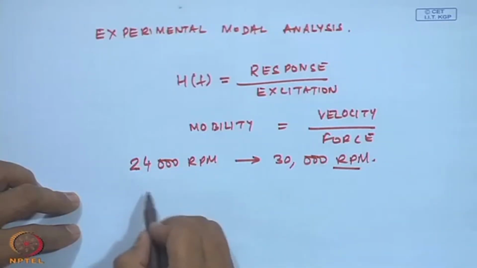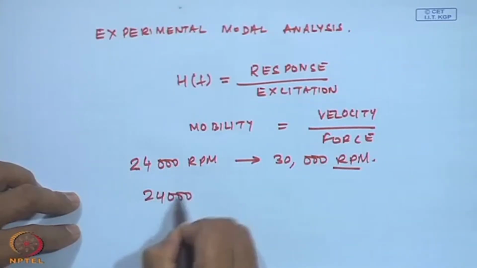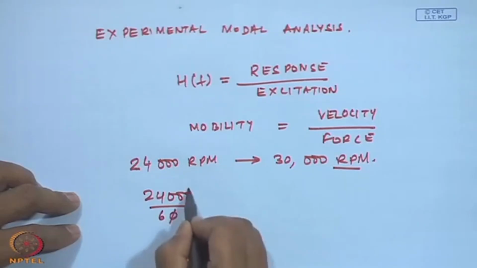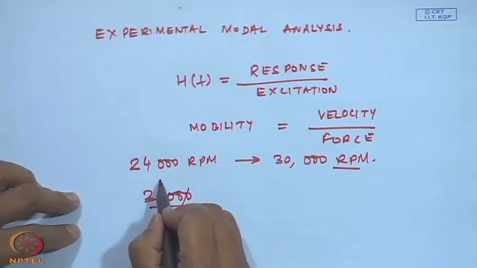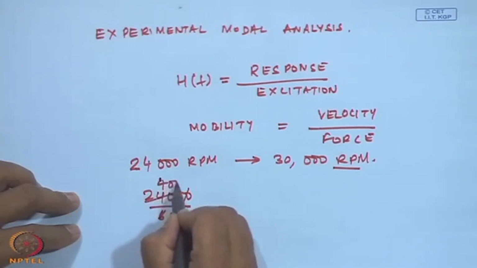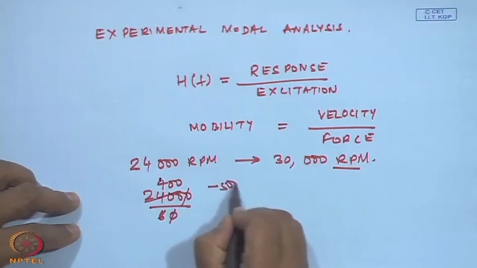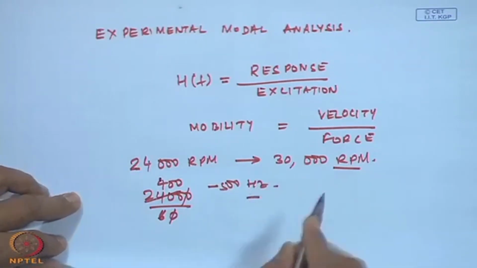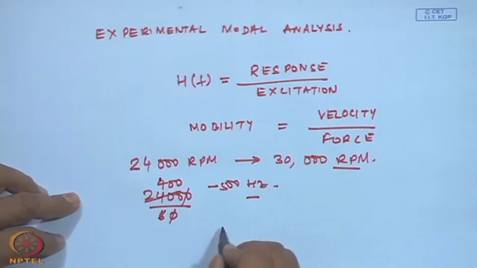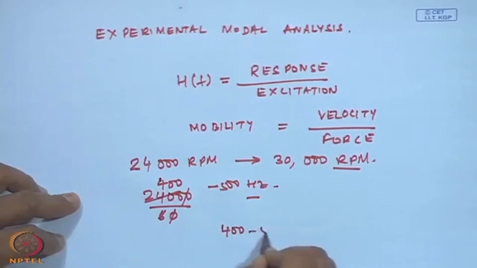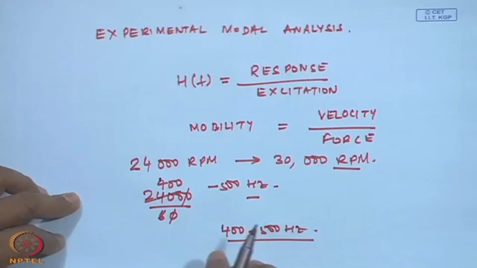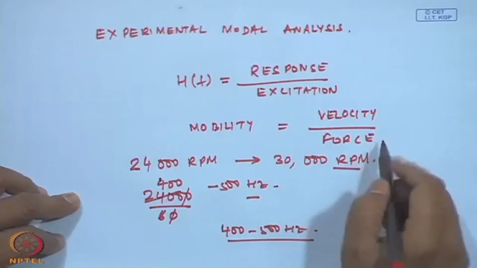This will correspond to 24,000 by 60, 400 to 500 hertz. So, from a range of 400 to 500 hertz or a few of its multiples, you excite this system through a force.